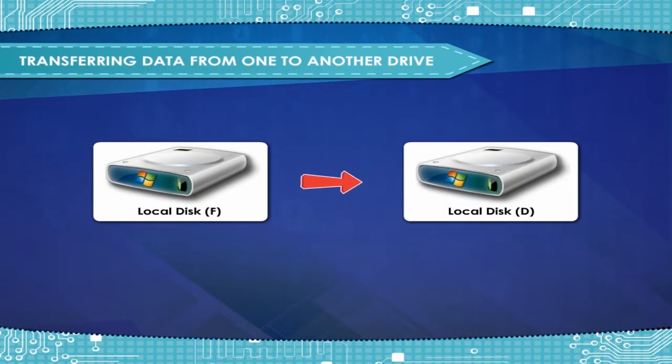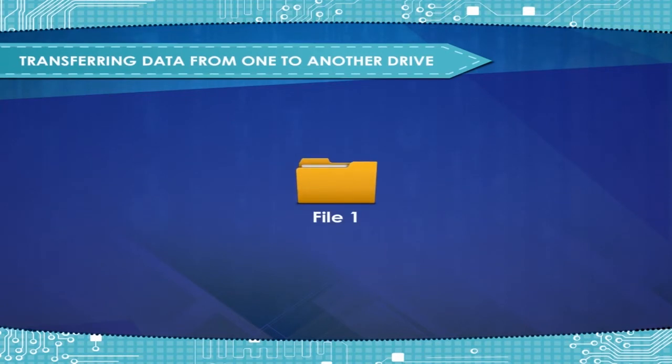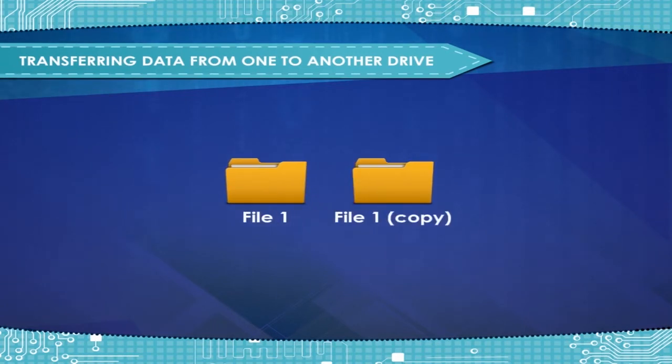Transferring data from one to another drive. Sometimes you need to copy a file or folder from one place to another on the computer. Remember that you cannot keep a duplicate file or folder with same name in a folder.